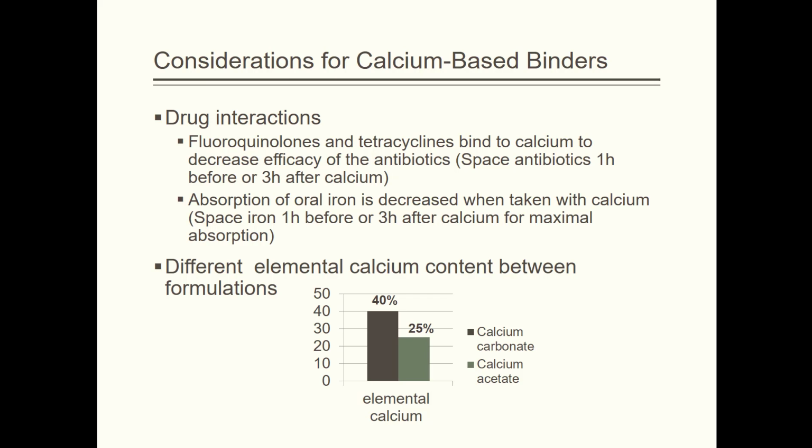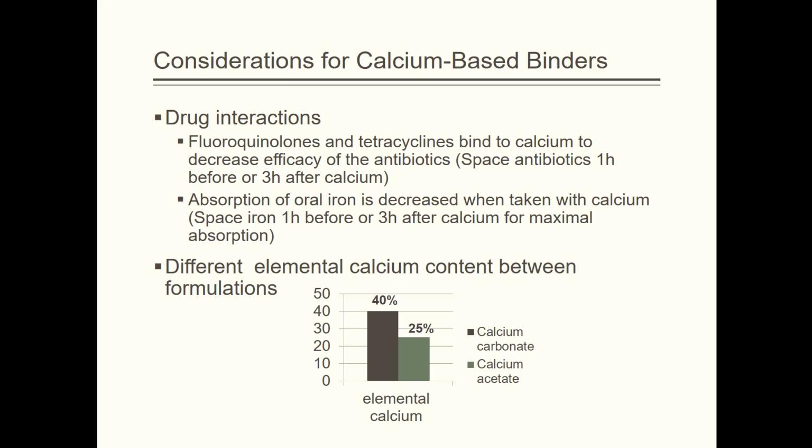Fluoroquinolones and tetracyclines bind to calcium to decrease efficacy of the antibiotic. So we need to space the antibiotics with phosphate binder. And absorption of oral iron is decreased when you take it with calcium as well. So you need to separate those doses. As you can see, in terms of elemental calcium, calcium carbonate has more elemental calcium.